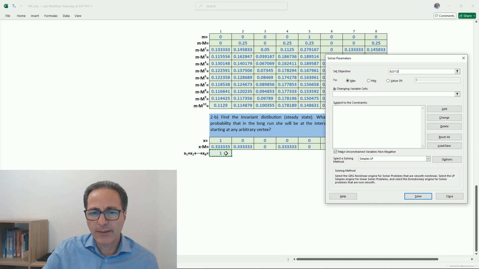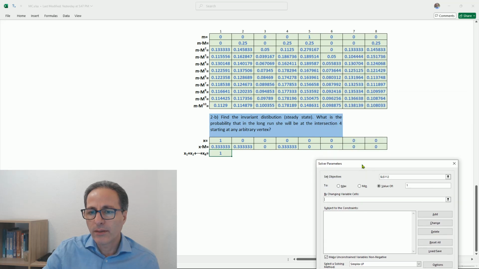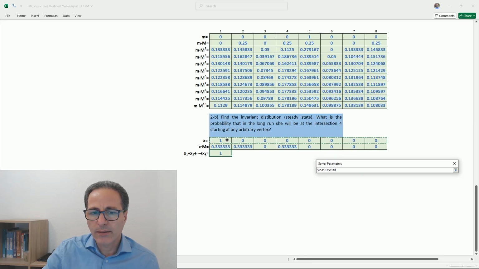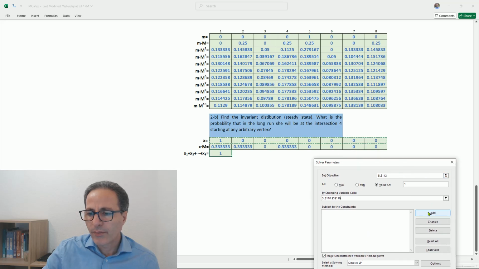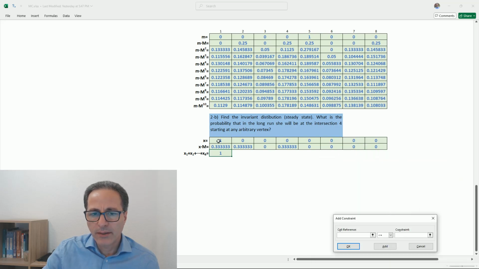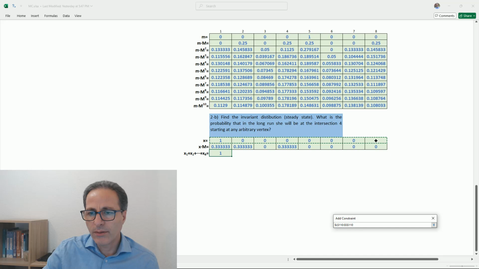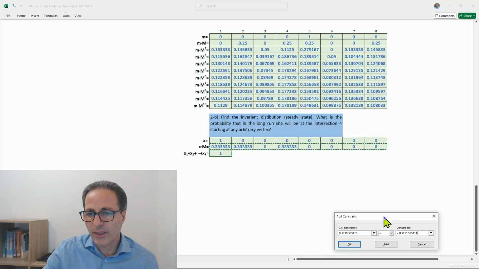So we select this cell and we want its value to be equal to 1 for different values of x1, x2 up to x8, the xi's, and the changing variables are these xi's. And for conditions, we add a constraint: this vector xi's must be equal to x times M, which means that it's not changing, or it is invariant.